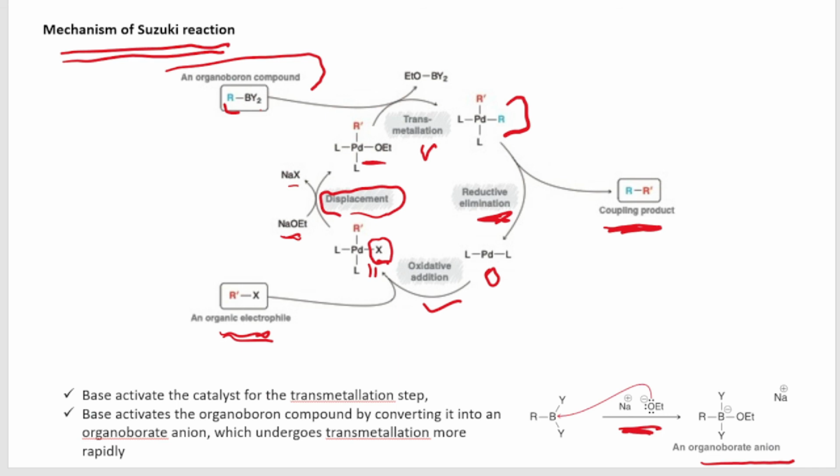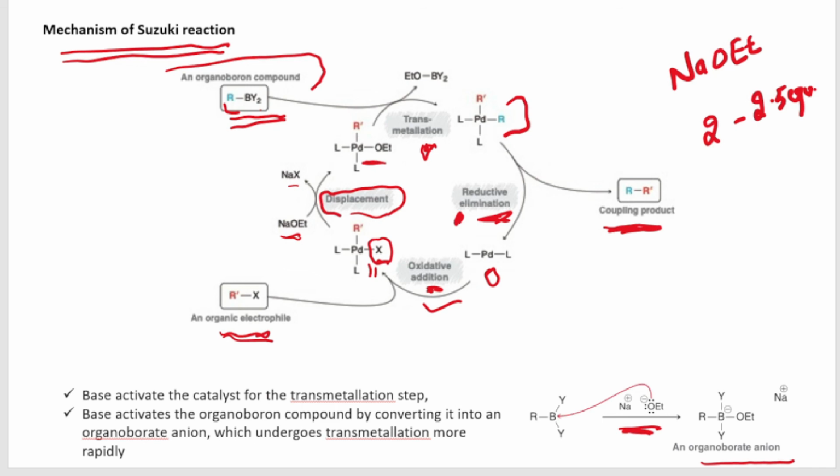So these three steps are the same: first oxidative addition, transmetallation, reductive elimination. The one new step is displacement and activation of the organoboron compound by use of sodium ethoxide base. So this is the role of base. Whenever you perform the Suzuki reaction in your lab, you generally use 2 to 2.5 equivalents of base in that reaction.